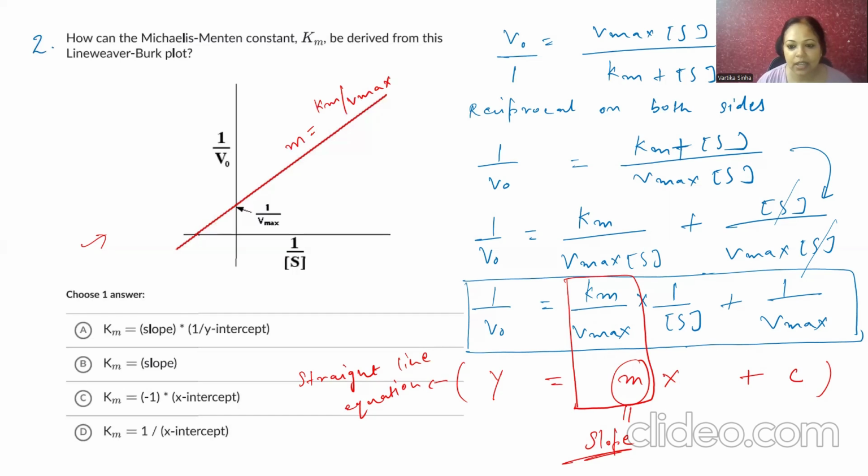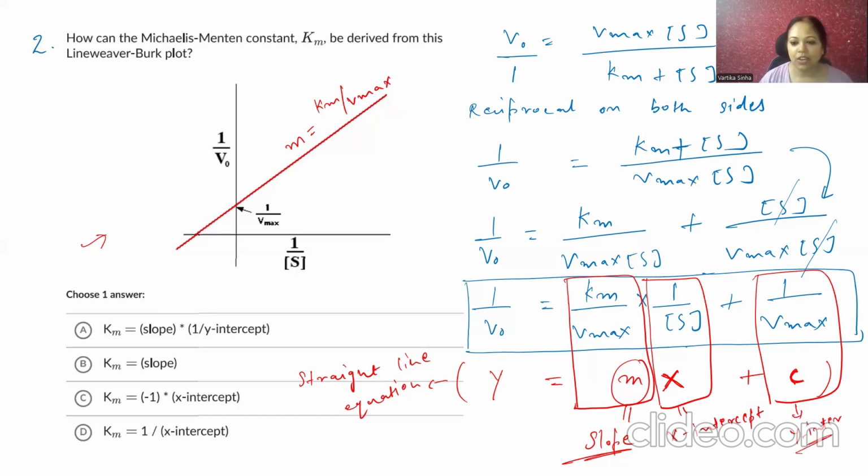The second thing is what is x and what is c, right? Basically this x is going to be your x-intercept, and c is going to be your y-intercept, right?